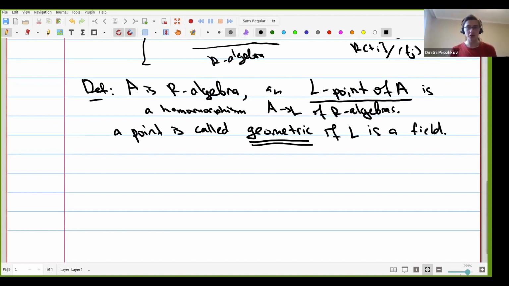So far, this is just a terminology. I have renamed homomorphisms of algebras to be points, but we will soon see that this definition is at least somewhat reasonable, and it is useful for thinking about commutative algebra problems geometrically.